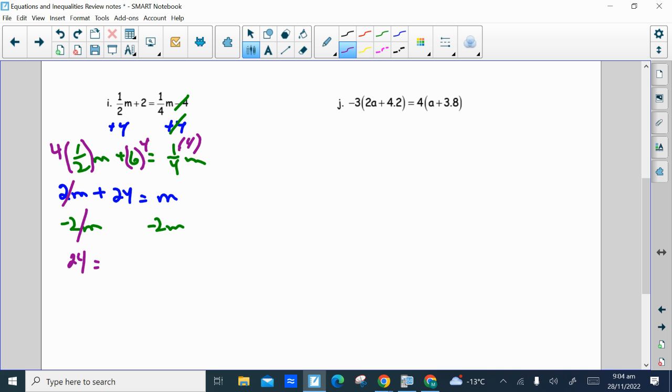On the right, 1m, take away 2m is negative 1m. And so now if you divide both sides by negative 1 to get m by itself, you have negative 24 equals m. Negative 1 divided by negative 1 is positive 1m, or just m. So there's our answer. That's what we need to use in our check.